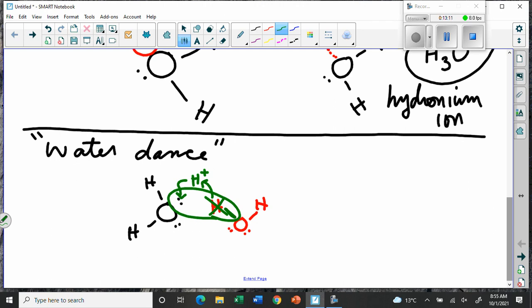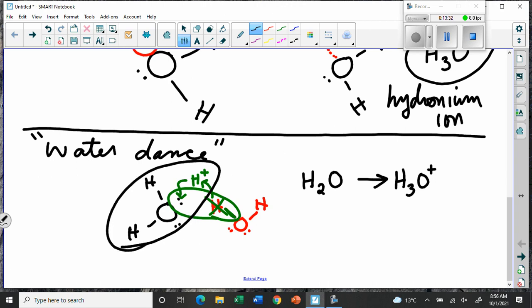And so what we would have is a little interaction where a water molecule comes up towards another water molecule, and those water molecules exchange these H's in such a way that they produce an H3O plus on this side, and then they produce something else. What's this called?